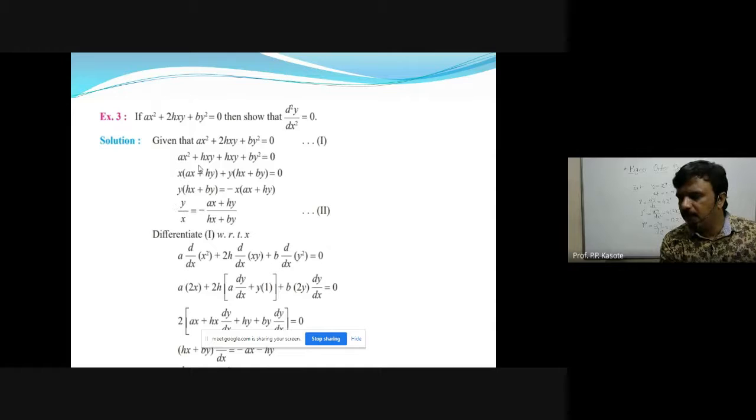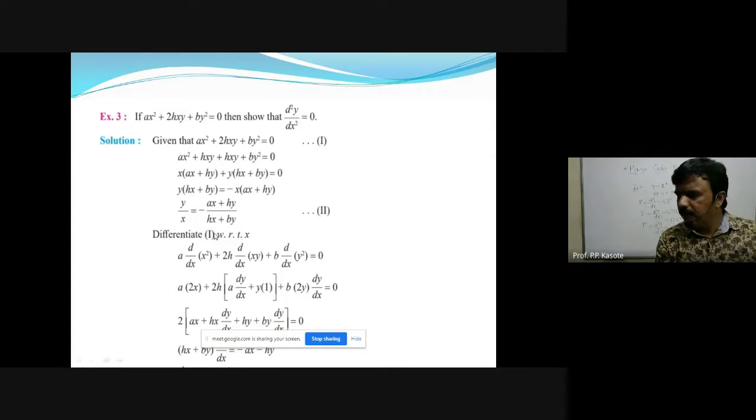But before that, please remember that we are interested in the value of y upon x. So at last, after simplification, we got y upon x as minus ax plus hy upon hx plus by. Call this equation number 2. We have called the first or the given equation as 1, and the value of y upon x we have got, we'll call it equation number 2.